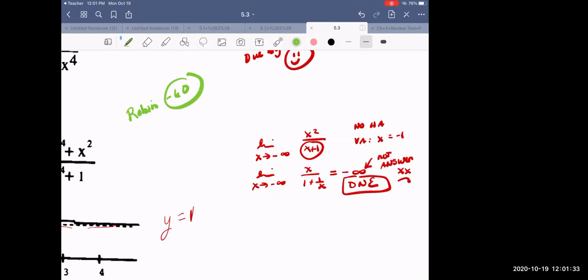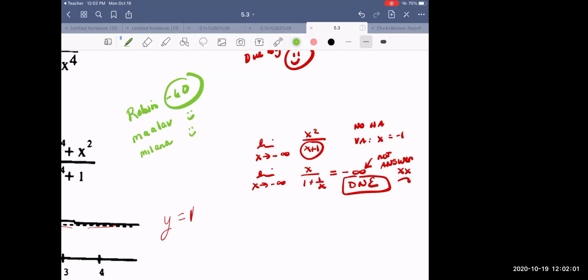Malav, what number are you on? I just started 7. 7? Yeah. Okay. Milana, what number are you on? I'm on number 9.